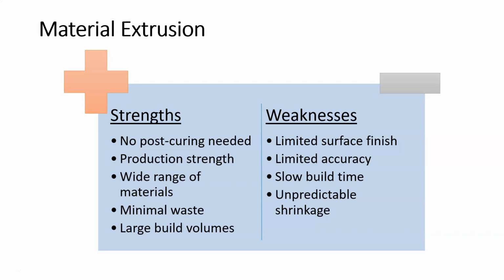It has a relatively slow build time. It could take hours to build a part, and not really a very big part. So it is rather slow. And it does have relatively unpredictable shrinkage. Because we're talking about a material that's extruded in its liquid form and then dries on the bed while you're adding layers to it, that drying process is going to have an inevitable shrinkage.